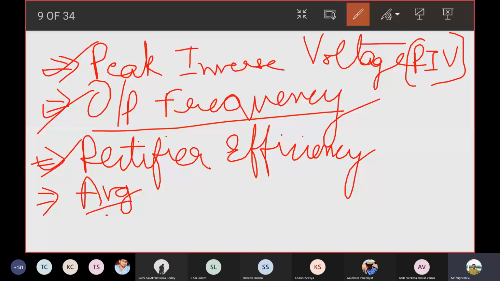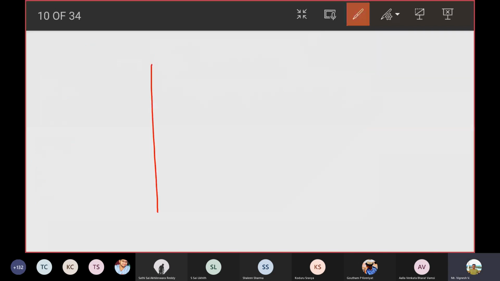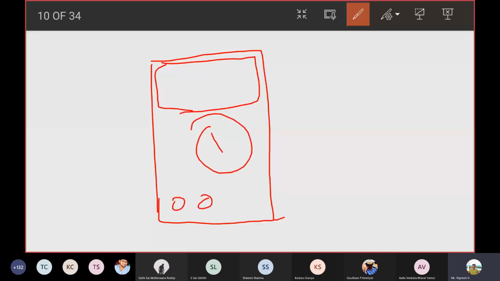Have you ever seen a multimeter, used for measuring voltage and current along with resistors? It looks something like this. It has some probes and a control knob, so that depending upon where this knob is pointing, that value can be measured.